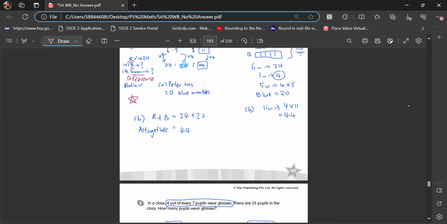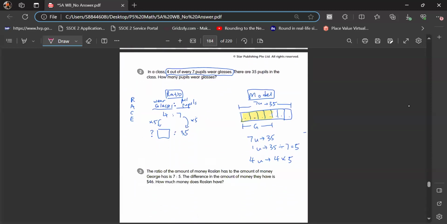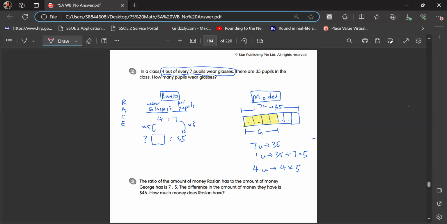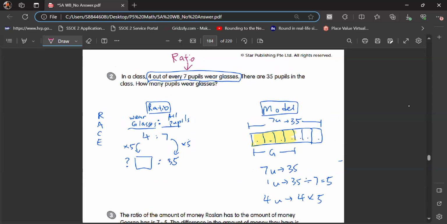Then the next question on the classes. This one is, I would say, even easier, but the difficulty is understanding this statement here. In this statement, there is no word that says ratio. It didn't say ratio like the ratio of how many to how many to how many. So that is not stated. So there's this part that you need to be able to understand.